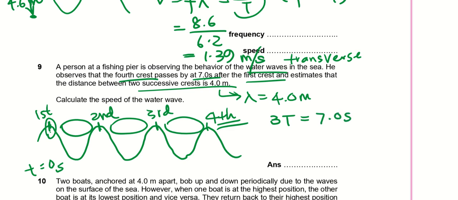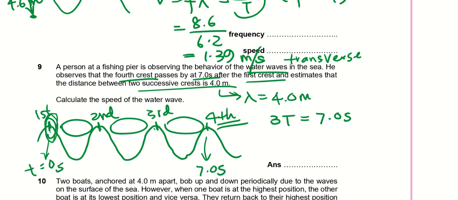Because if you read the question, he says that the fourth crest passes by at 7 seconds. That means 7 seconds after the first crest passes, the fourth crest comes in. I start the stopwatch here at t equals 0 seconds, first crest, second crest passes by, third crest passes by, fourth crest passes by, and the time on my stopwatch shows 7 seconds.